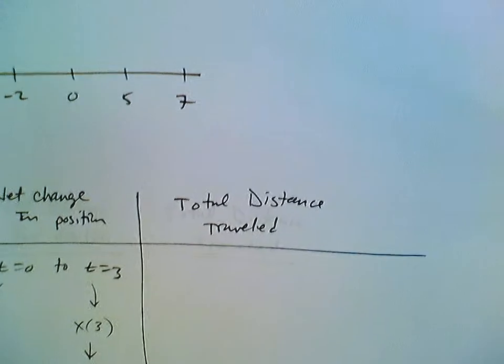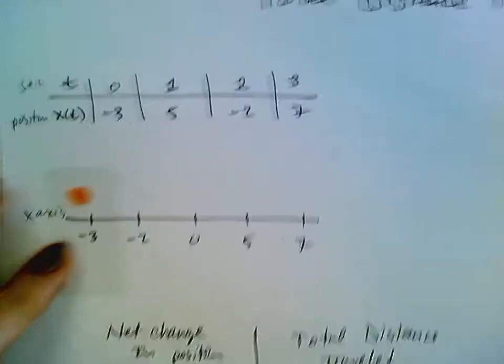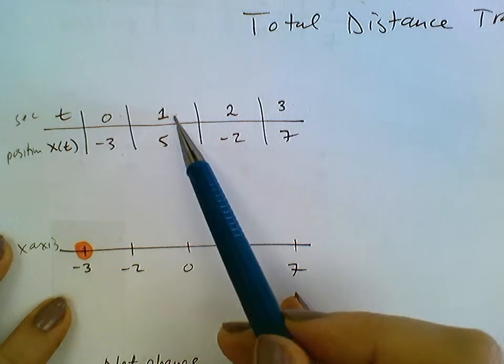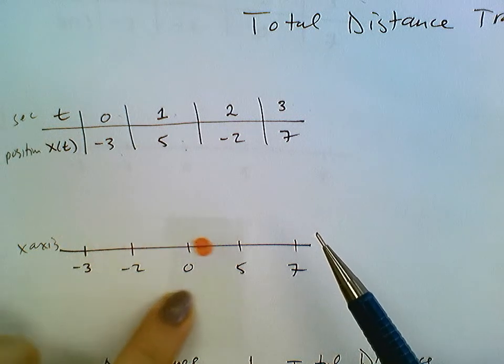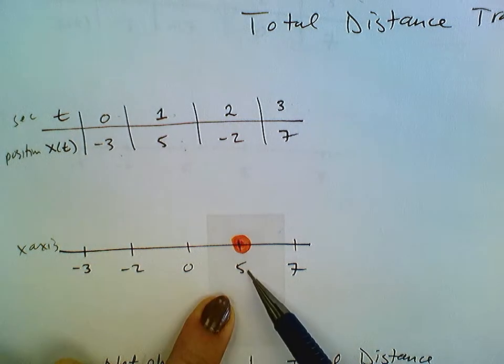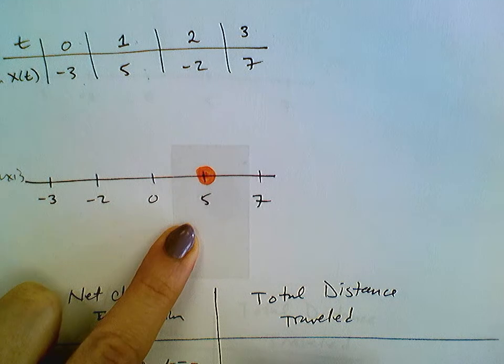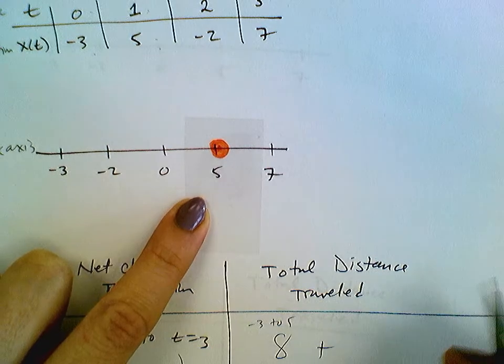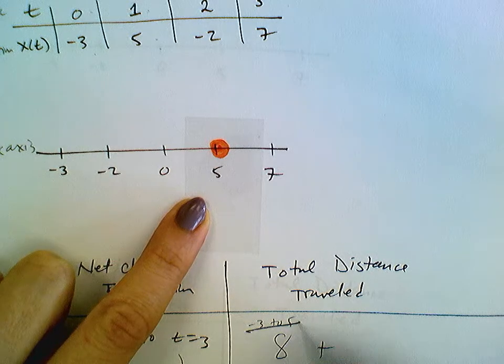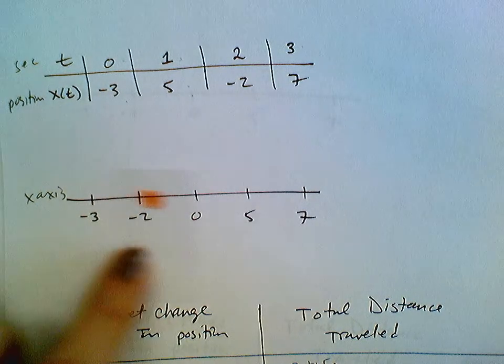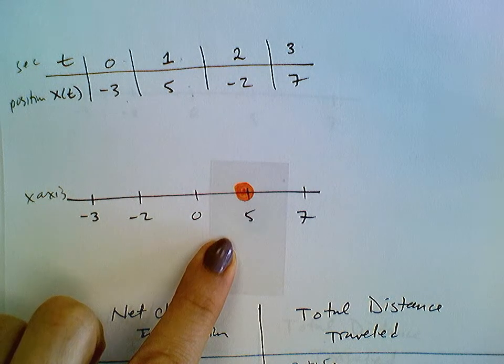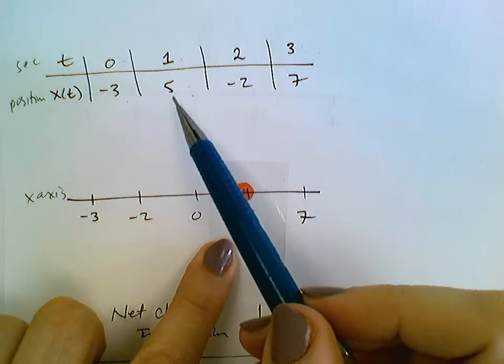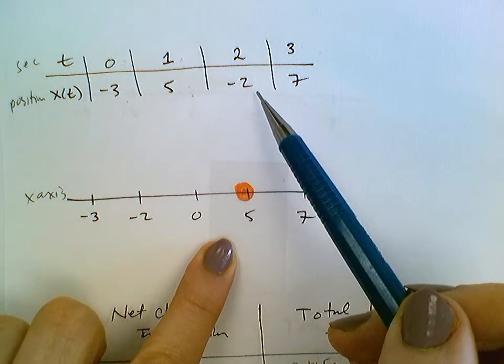But the total distance traveled, guys, is different. From 0 to 1 seconds, we travel from -3 to 5, that's 8 units.